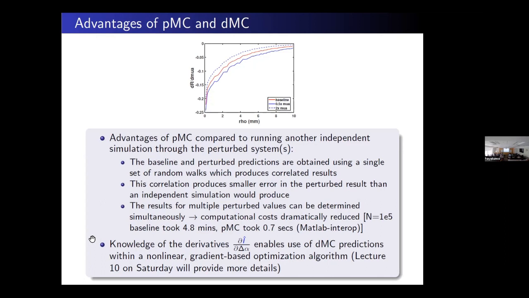I'll show on Saturday how we can use Monte Carlo and these derivative perturbation and differential Monte Carlo to solve inverse problems. A long time ago, Monte Carlo could not be used to solve inverse problems because usually when you're solving inverse problems, there's some sort of iterative method where you move along to try to find the solution, and you have to reevaluate the model function.